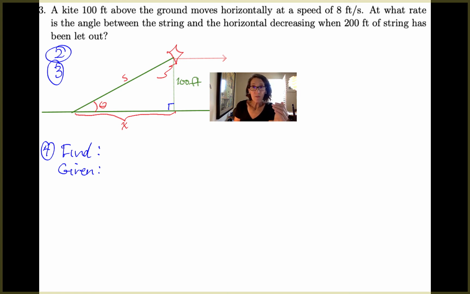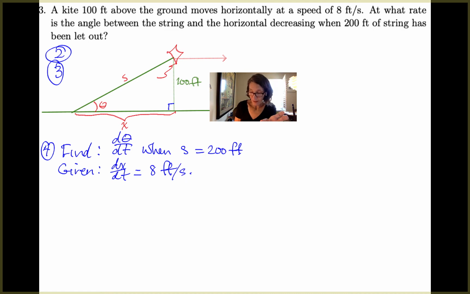So that rate of change is d theta dt, at the time when s is 200 feet. That's what we're asked to find. Okay. And then what rate are we given? We're given that dx dt is 8 feet per second.